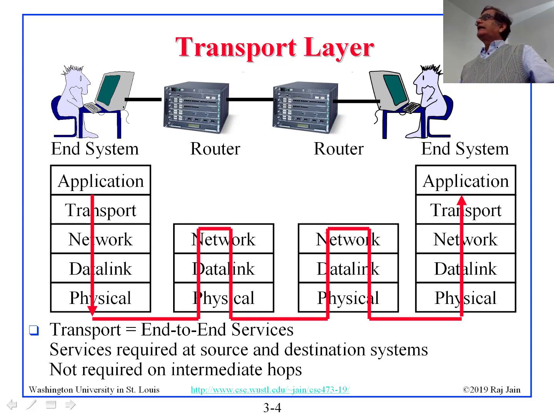And as soon as it has looked at the network layer, it knows what to do with this packet. Then it puts either a new network, data link and physical header, or maybe even the old one, and sends the packet forward. Other routers do the same thing. They just look at the 3 layers.